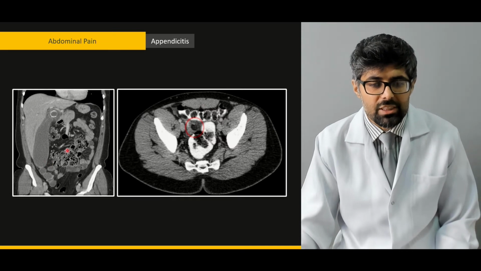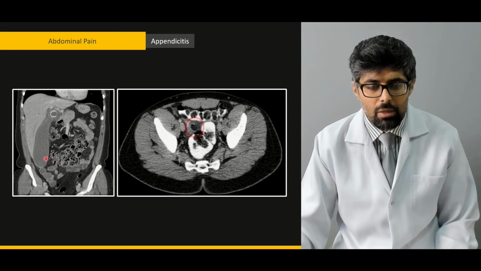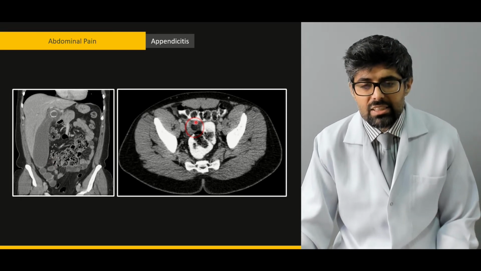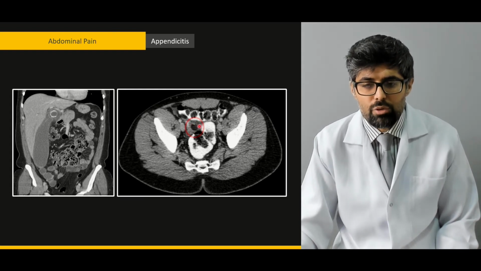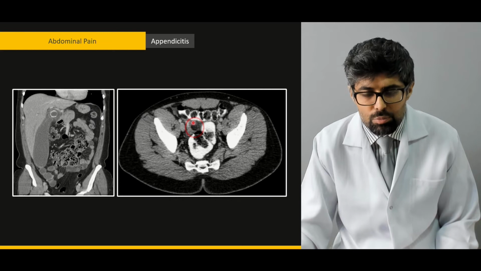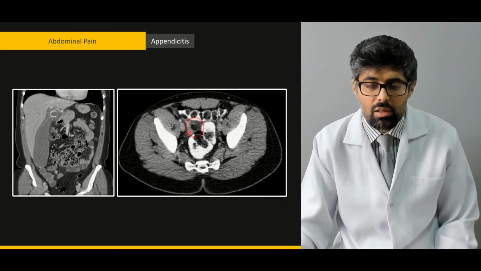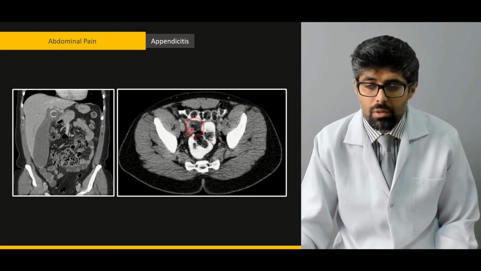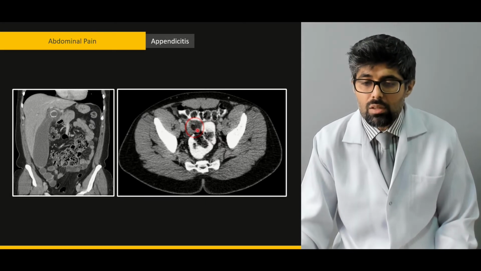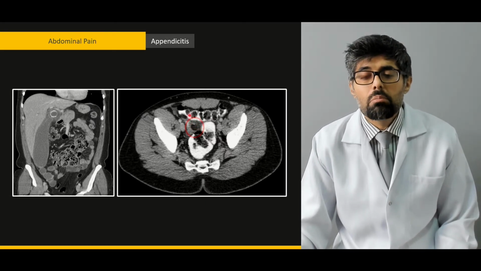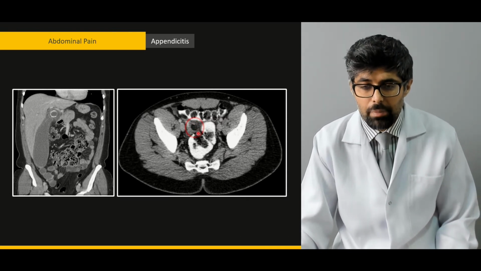Now here is the patient. This coronal CT shows us that the patient has an inflamed appendix, and this axial CT scan tells us that this is the appendix of the patient. Now this should have a small lumen and there should be no thickening, but this shows thickening, the lumen has dilated, and there might even be edema, periappendiceal, outside the appendix.